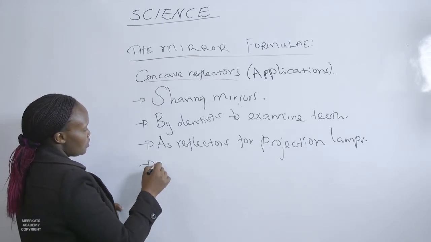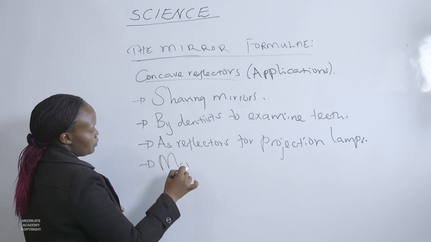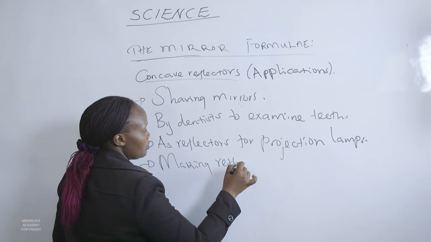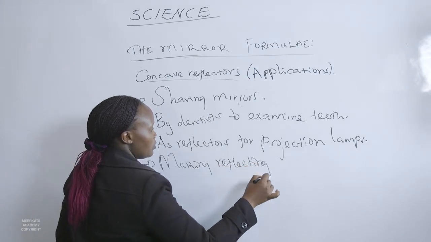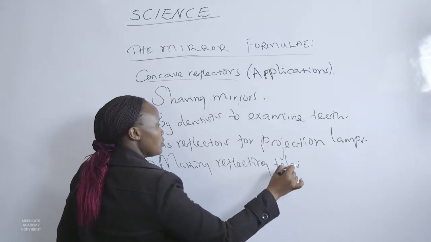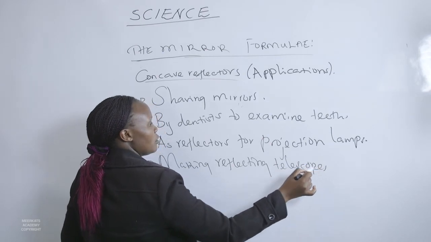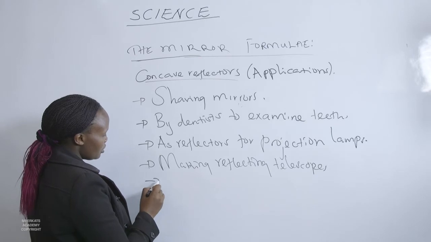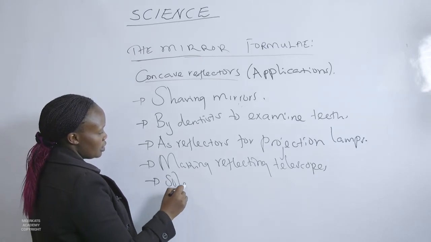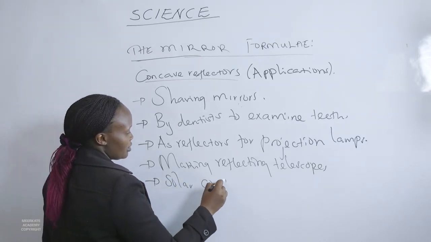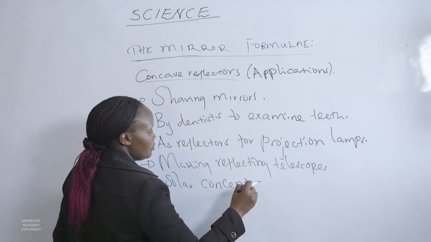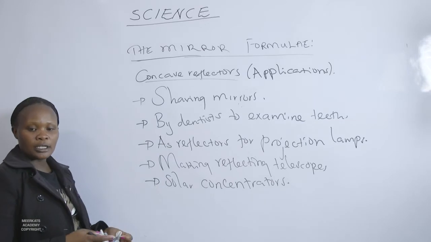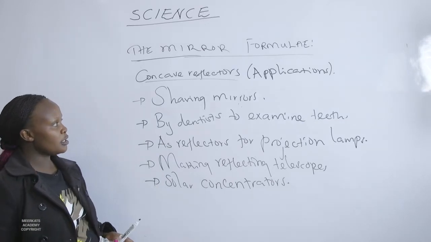You could also use them to make reflecting telescopes. And lastly, you can use them as solar concentrators.